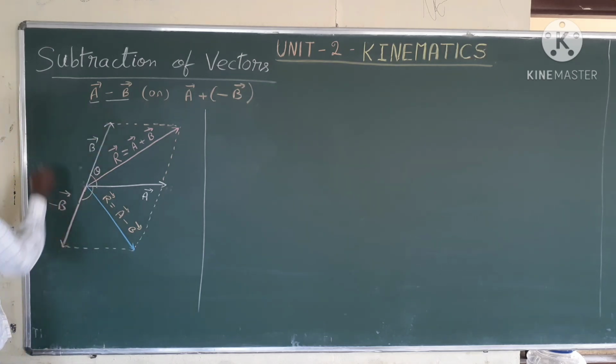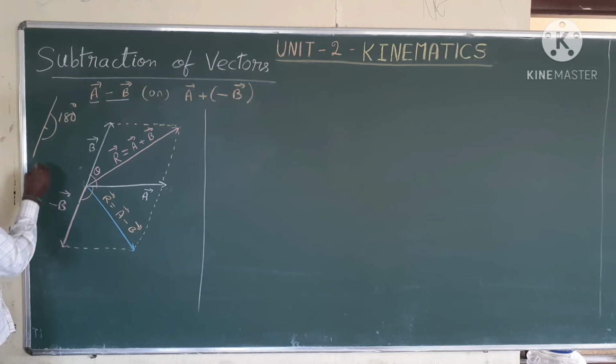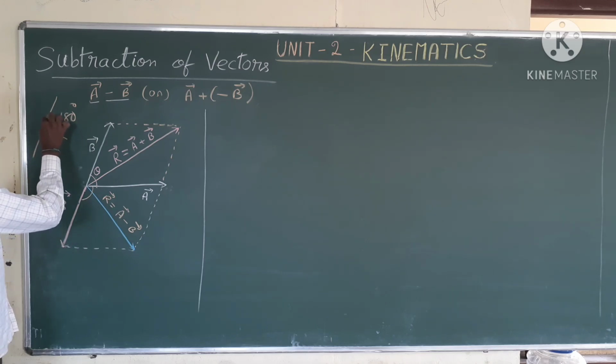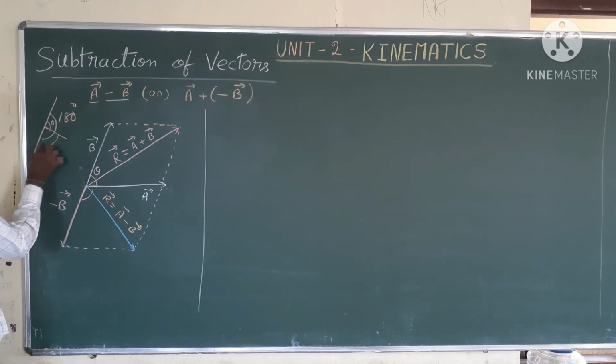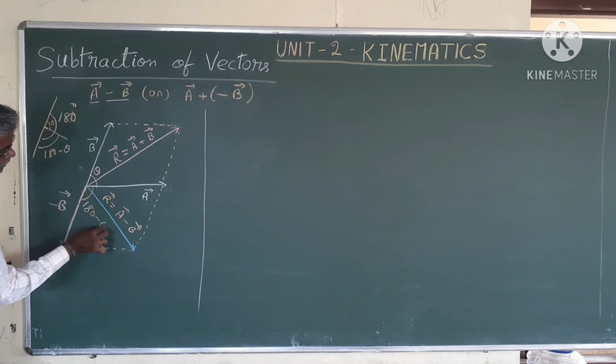Take this line, which gives 180 degrees. Understood? Now this is theta, then what will this be? 180 minus theta. So this angle will be equal to 180 minus theta.